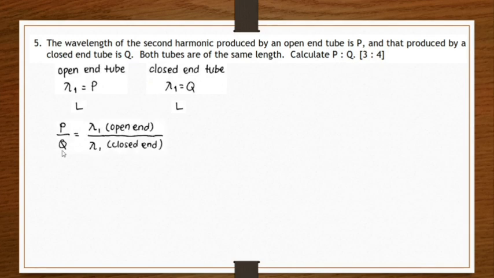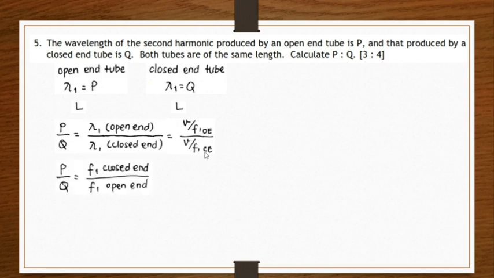P over Q. P over Q is lambda of the first overtone of the open end, and Q is the lambda of the first overtone of the closed end. It is equal to pi over F1 open end divided by pi over F1 closed end.